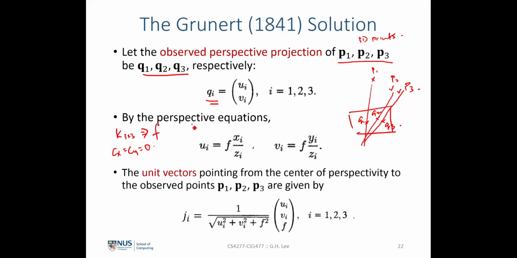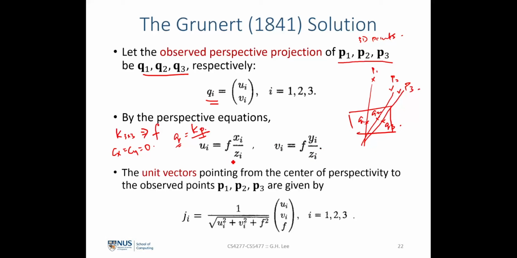This means that by multiplying K with P to get Q, this is what we get in terms of the inhomogeneous entry of Q. We will simply equate Ui equals F multiplied by Xi, where Xi is the 3D point x-axis, divided by Z. And similarly for Vi, it will be equal to F multiplied by Yi divided by Z.